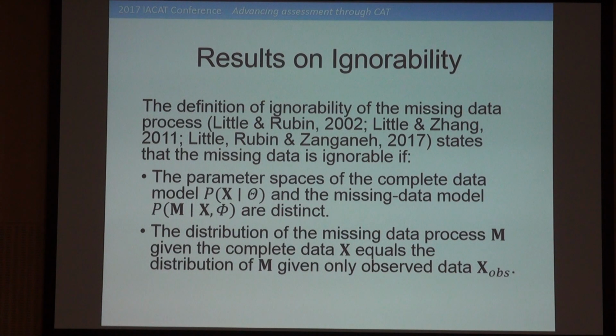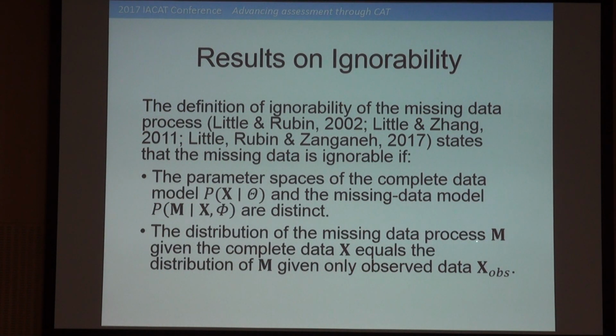The same happens if we look at this formal definition and this kind of blueprint of a proof of whether something is ignorable or not. Essentially, there are two conditions. The parameter space of the complete data model and the missing data model are distinct and can be separately estimated, or there are even no parameters for the missing data model because everything is based on the observed.